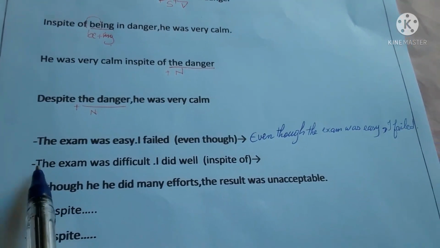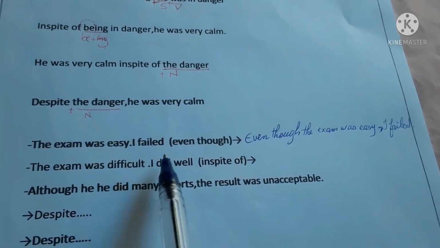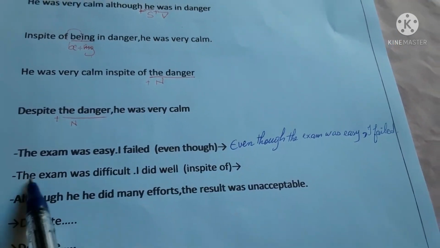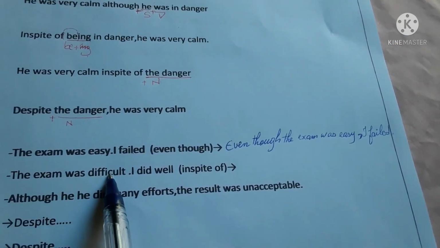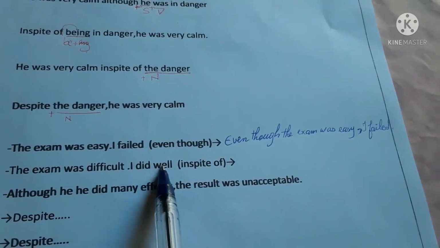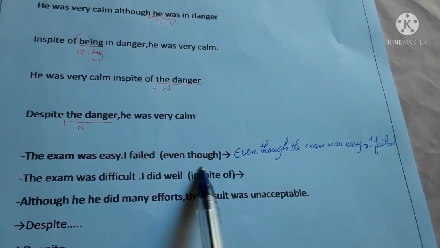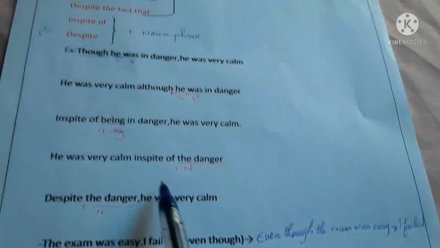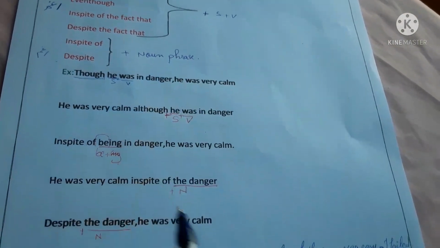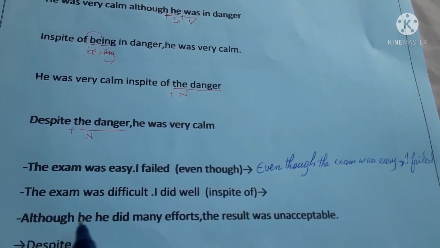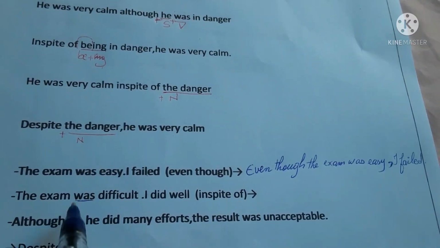Second example, the exam was difficult. I did well in spite of. The exam was difficult. الإكزامان كان difficile صعب. I did well. خدمت. In spite of, بالرغم. In spite of, we use with it a noun phrase. What do we say here? We can use was to be being.